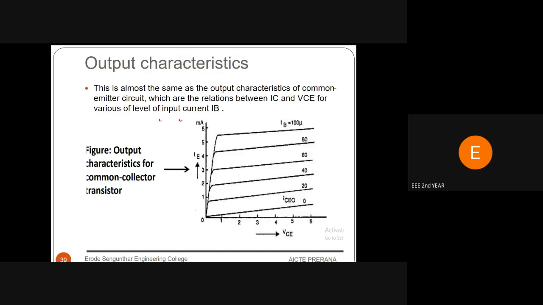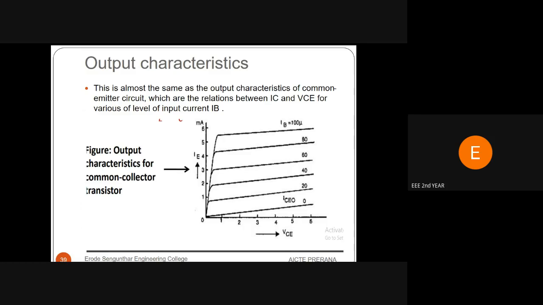Now let us see the output characteristics of the common collector configuration. The output characteristics of the common collector configuration relates the output current IE and output voltage VCE for various value of input current IB.